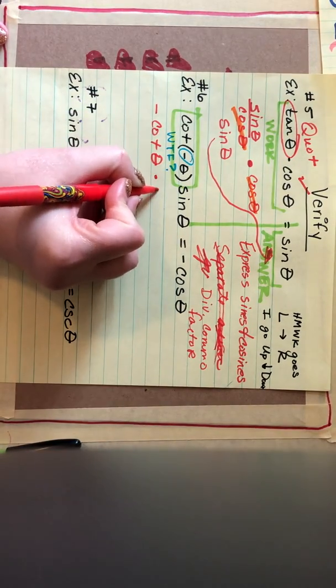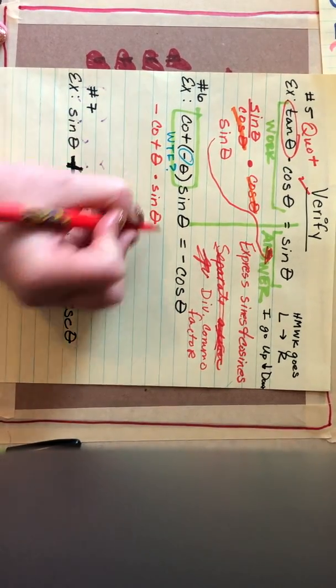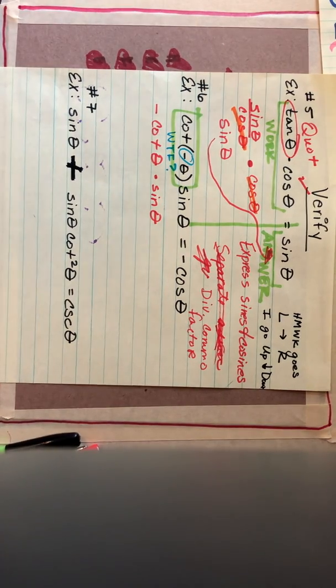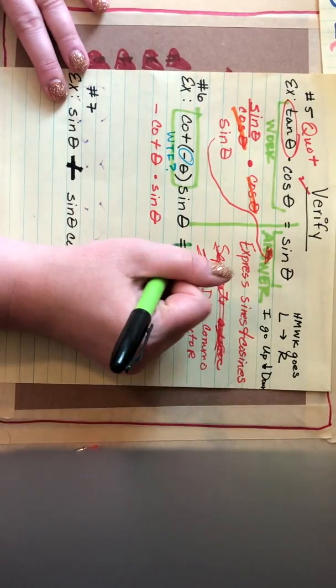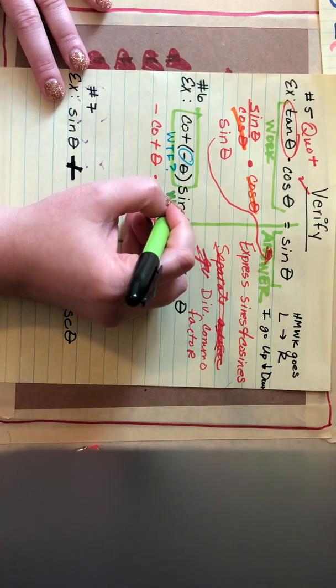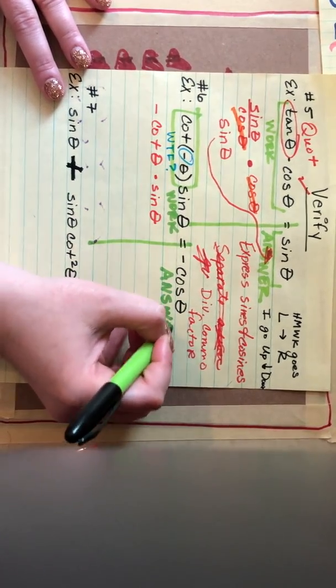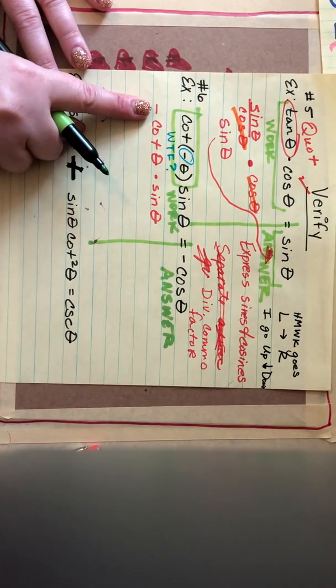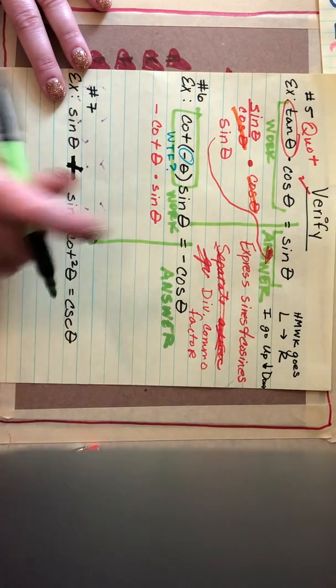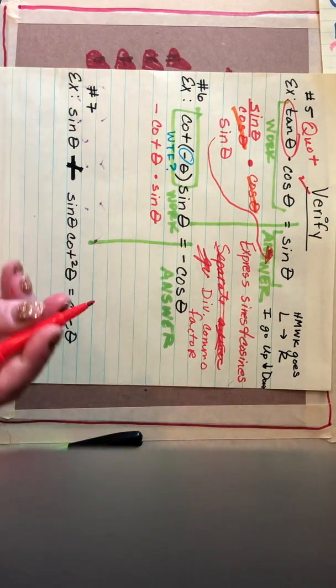And I'm going to just bring down that sine theta. And what side are we working on? Oh, we're working on the left. Remember, we're working on the left, and our answer is on the right. So your homework is going to expect you to type this in. And what did we just do?